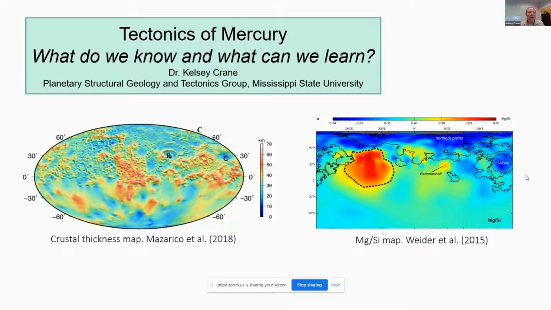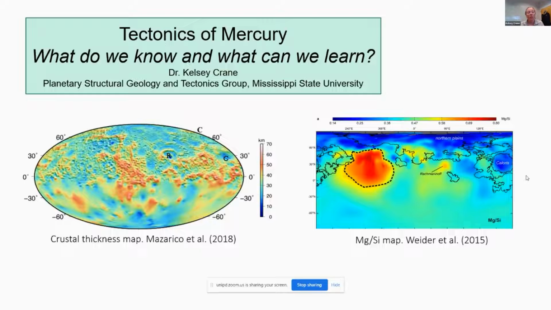These are not tectonic maps. They're obviously not tectonic maps. No faults are mapped on these. But they're still really useful, and they can get you toward asking questions about crust and crustal deformation and patterns in the crust that we might be able to answer with tectonics.